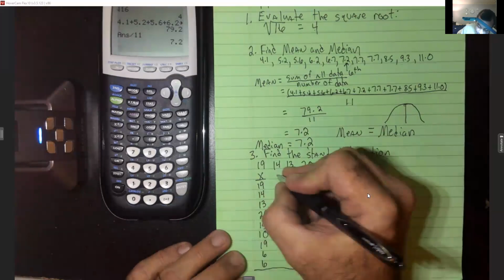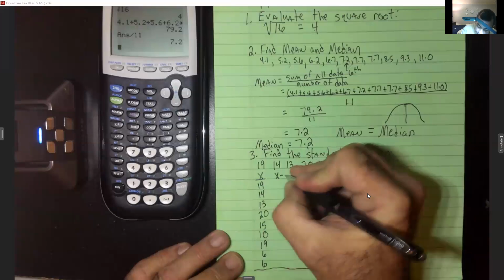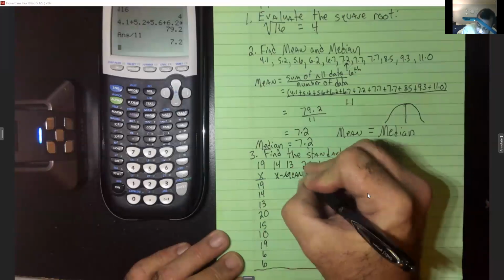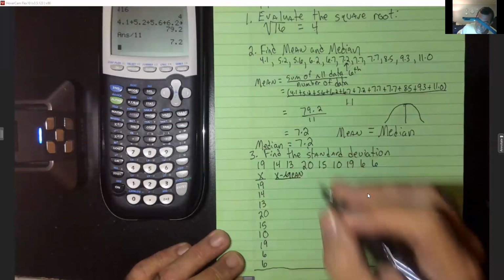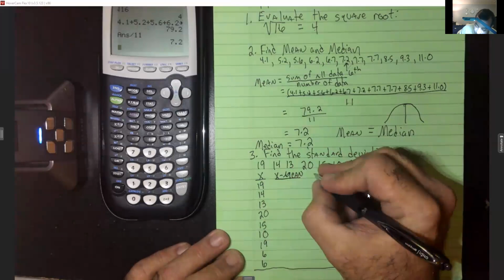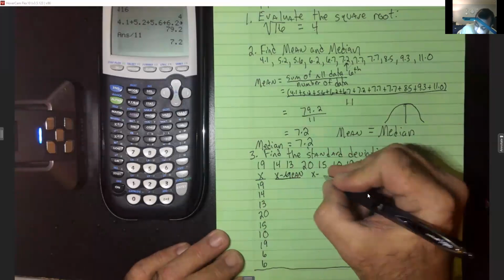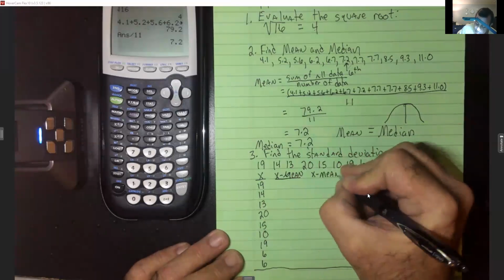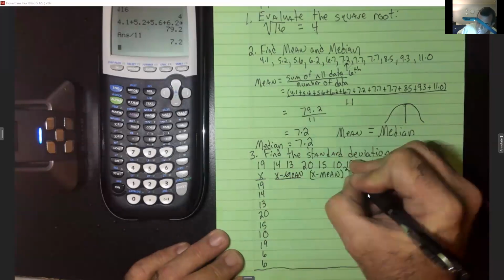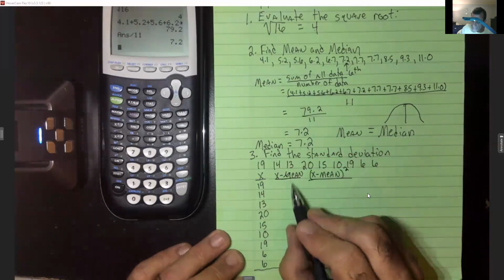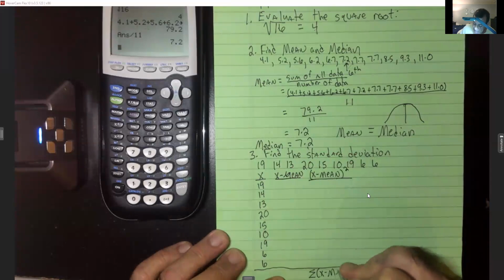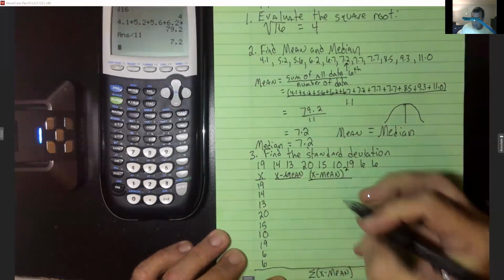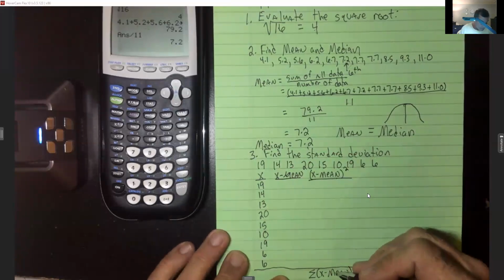Then I'm going to take each X and subtract my mean and put those answers in this column. Once I do that, I'm going to square each of those X minus the mean answers. Down here, I'm going to find the sum of all these. I'll add this row up.